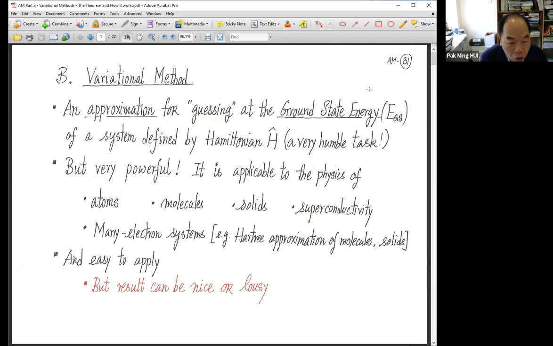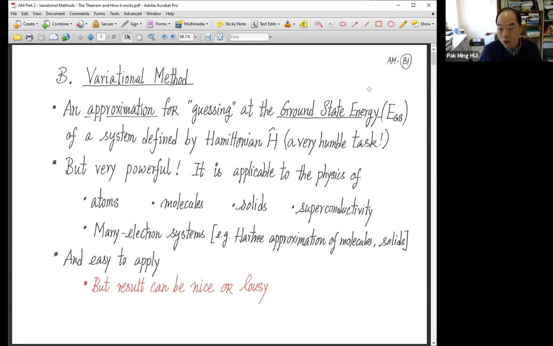The method is called variational method. 變分方法, variational method. It is based on one theorem, but its purpose is very humble.